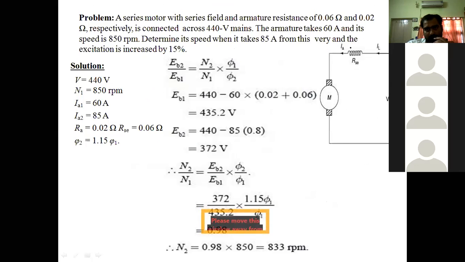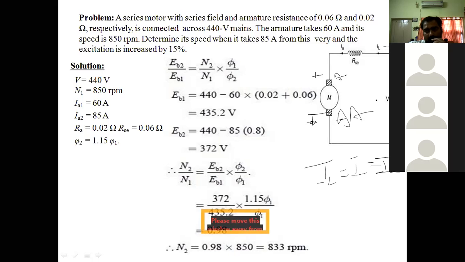This is the resistance which was connected in series to the armature terminals. This is the DC supply, plus and minus. So IA is the armature current, IL is the load current, which is equal to the supply current. So here we can write the equation IL equals I equals IA.